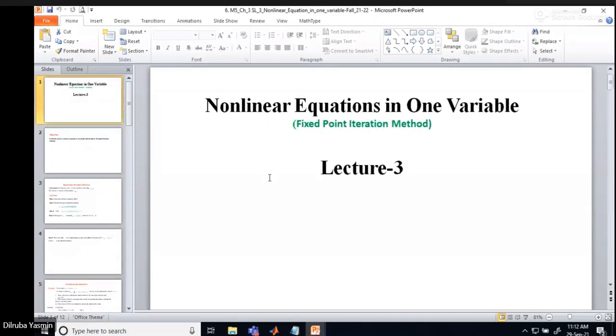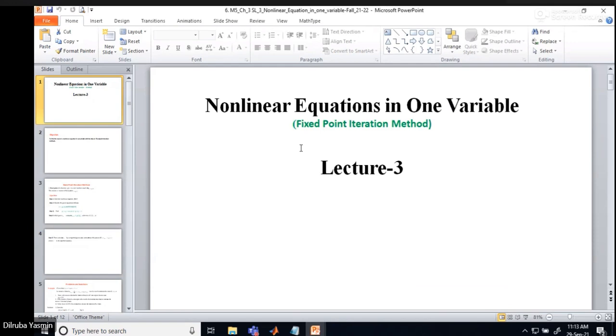And look at here, iteration. This word gives you an idea that you have to perform the same operation more than one time. If I ask you to do only the first iteration, you have to do only one iteration.